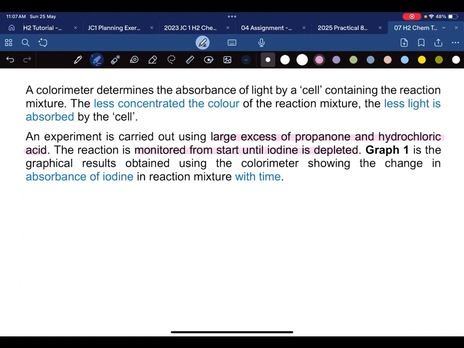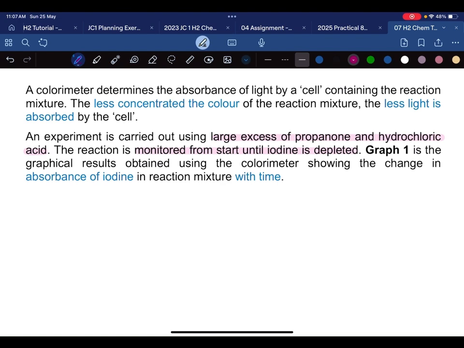In the next sections of the question, we are going to look at some graphical data. Right, so from the information, let's read the information first. It tells us that the colorimeter is going to measure the absorbance of light from the cell containing the reaction mixture.